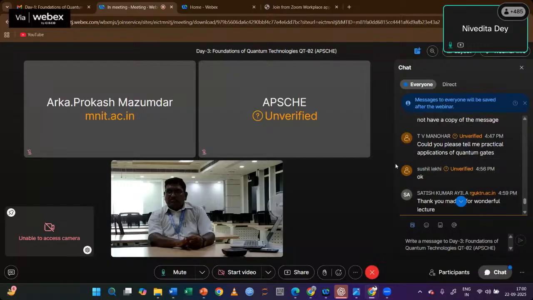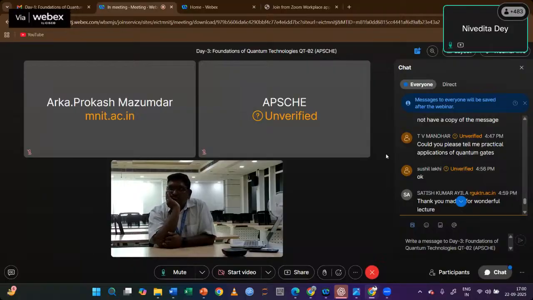Another is the practical application of quantum gates. The practical application is to write any quantum logic. Just like why we need AND or NOT gates in classical computing, these are the primary building blocks behind any programming language. Right now we are using high level programming languages, but for quantum, a high level language also has an assembly level decomposition. So the quantum assembly, QASM, is actually written in terms of the basic quantum gates.